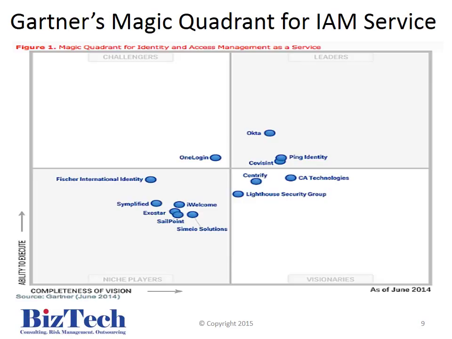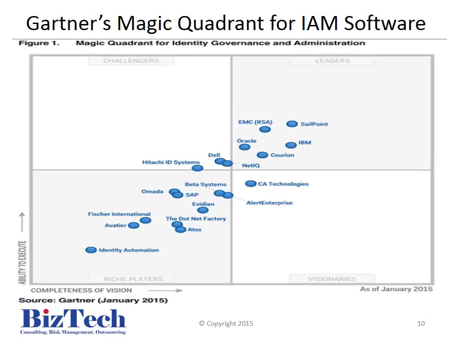Apart from that, there are some smaller organizations. Simeio Solutions is there as well, among the niche players. They're a smaller organization, but they've created some service for this, like a cloud-based service. And again, this is 2014 information.